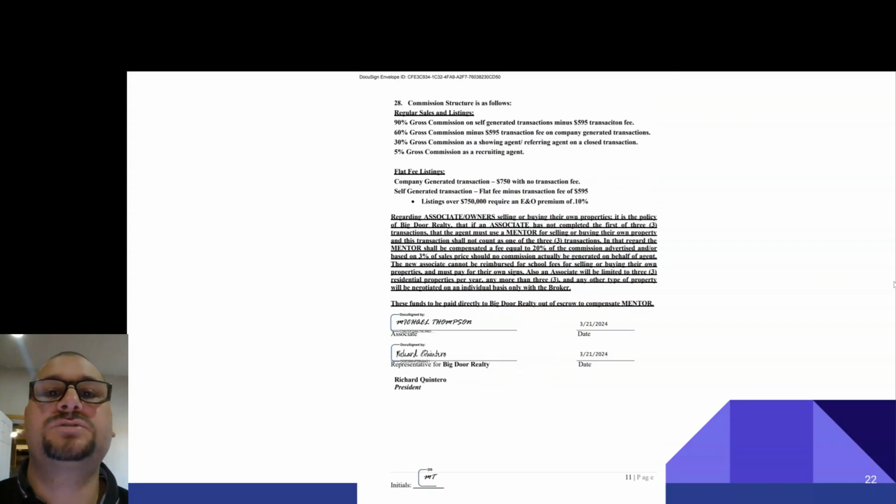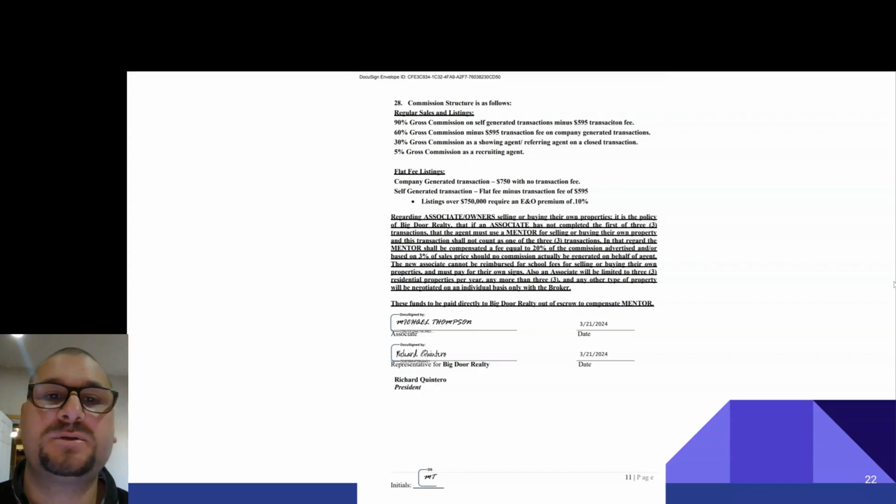Here's the commission structure. Regular sales and listings, 90%. So this is regular. This is the commission structure. 90% gross commission on self-generated transactions minus the $595 transaction fee.